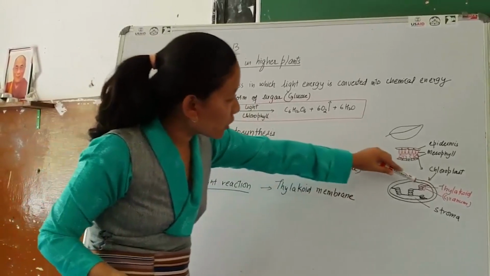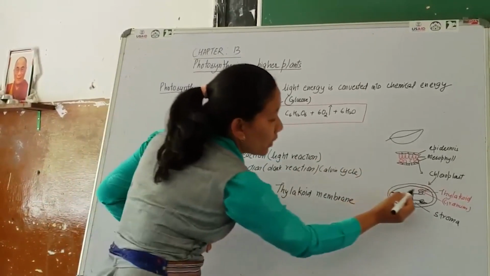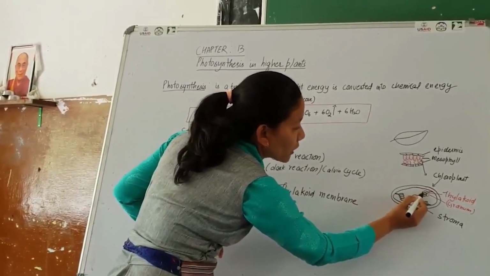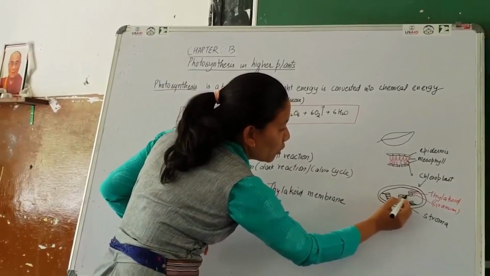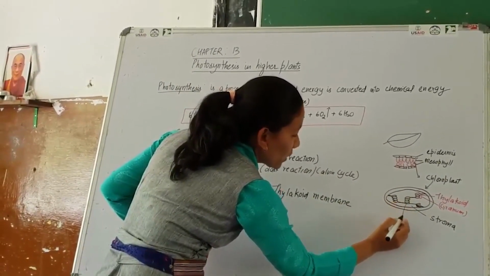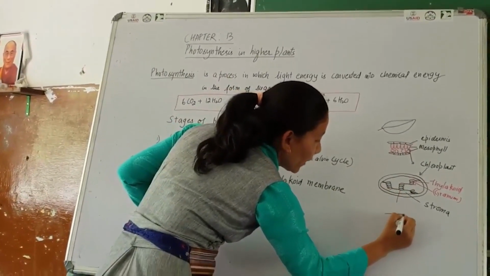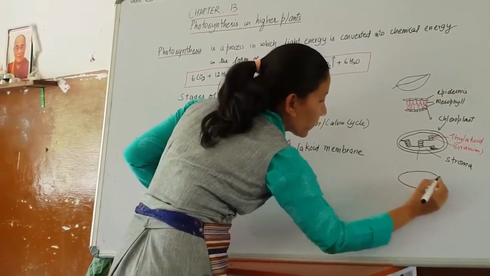You can see there are so many thylakoids, and each thylakoid is a membranous structure. Again, if I take out one such structure, we'll find that this is a thylakoid.